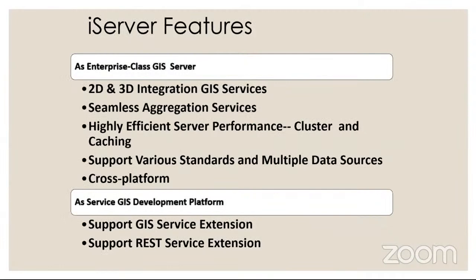So this is the iServer feature, either for enterprise class GIS services or as a service GIS development platform, where as an enterprise class GIS server, it has 2D and 3D integration GIS services, cross platforms, and it also supports various standards and multiple data sources.